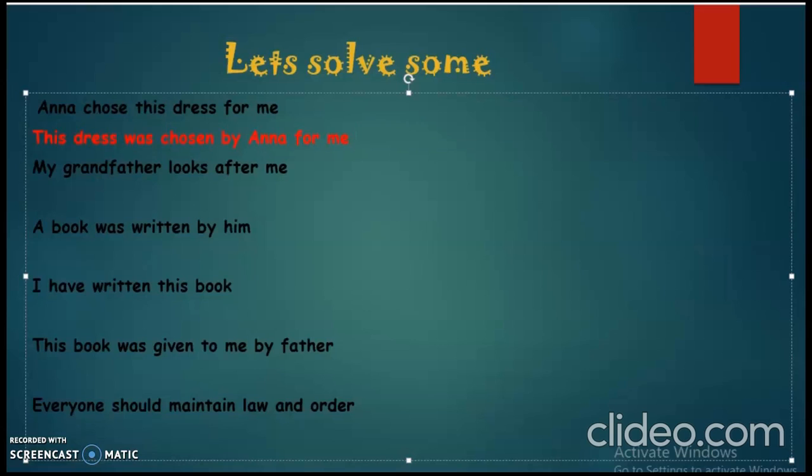Is it correct? So guys, I was trying to fix sentences. I am looked after by my grandfather. So, I, which is me, looked after the verb by my grandfather. I am looked after my grandfather, what is that? It's wrong English, right?